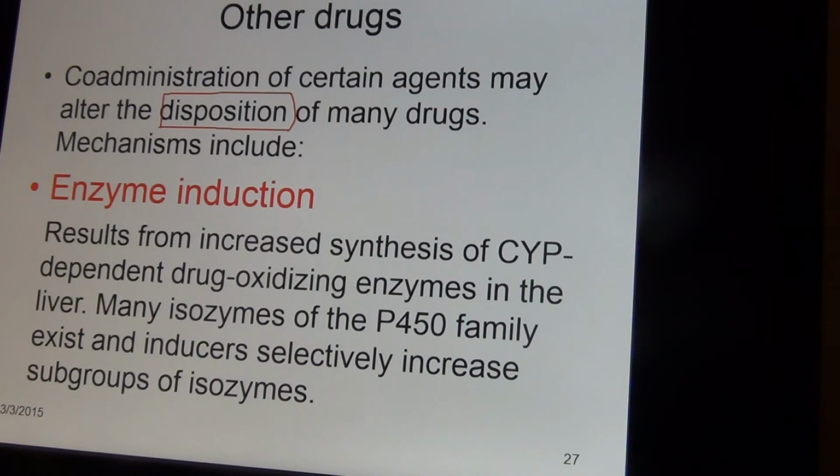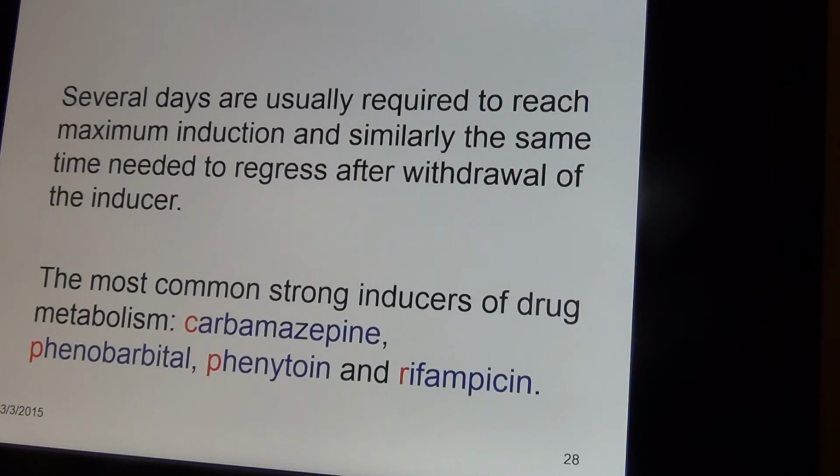Mechanisms include enzyme induction, which results from increased synthesis of CYP-dependent, cytochrome-dependent drug oxidizing enzymes in the liver. Many isozymes of the P450 family exist, and inducers selectively increase subgroups of isozymes. Several days are usually required to reach maximum induction, and similarly the same time is needed to regress after withdrawal of the inducer.